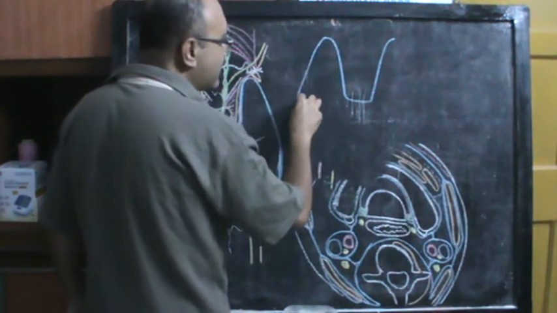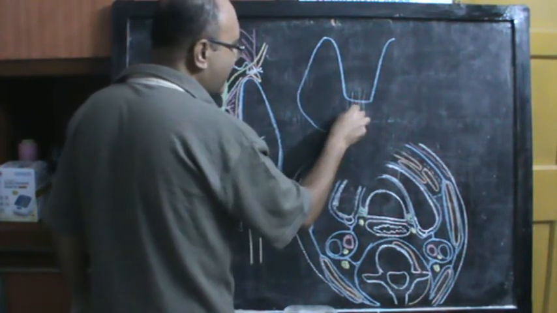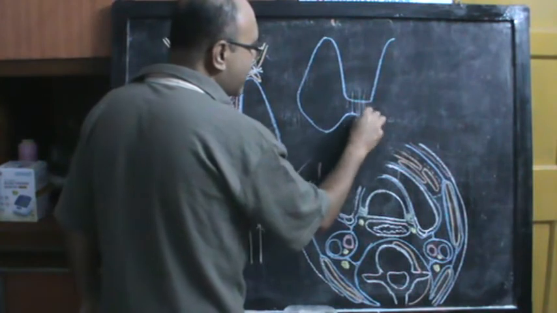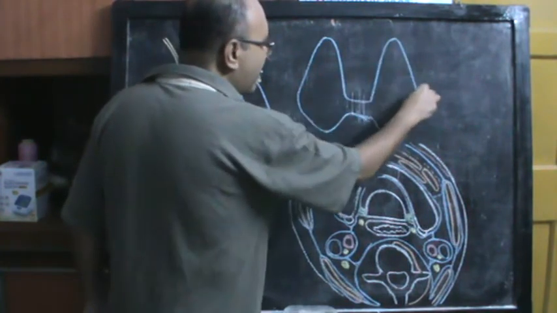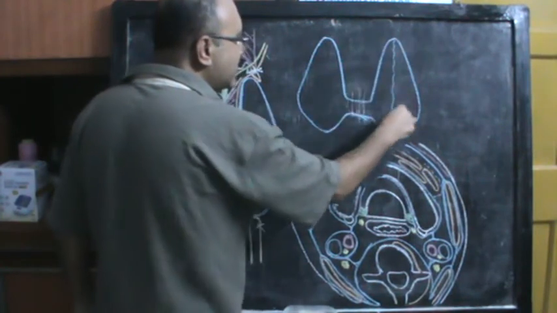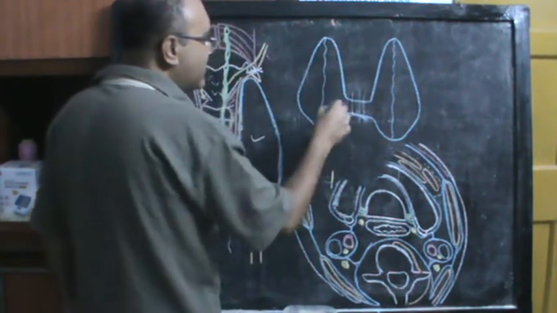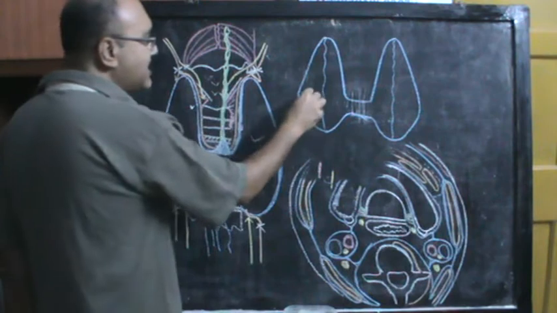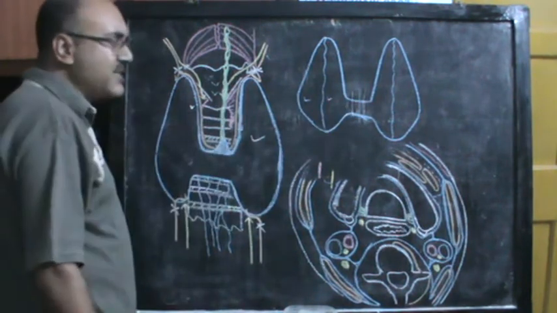It looks more or less the same, either from the front or from behind. It still has that almost butterfly-like structure. But then suppose this is the posterior border, such that this is the anterolateral surface, this is the medial surface.